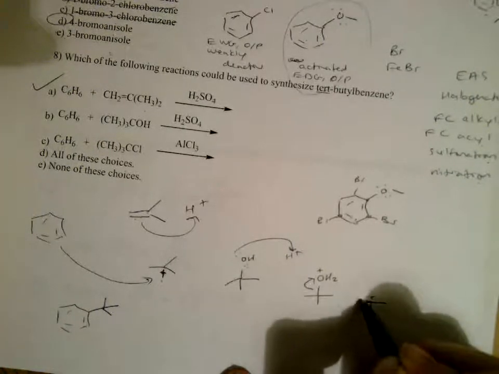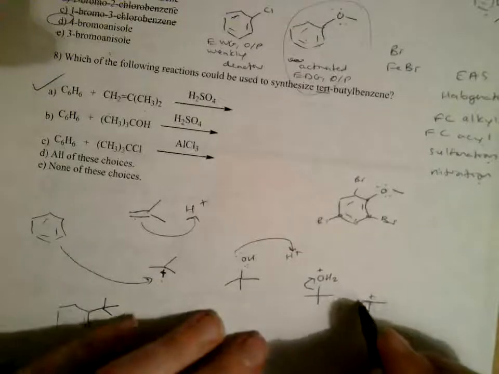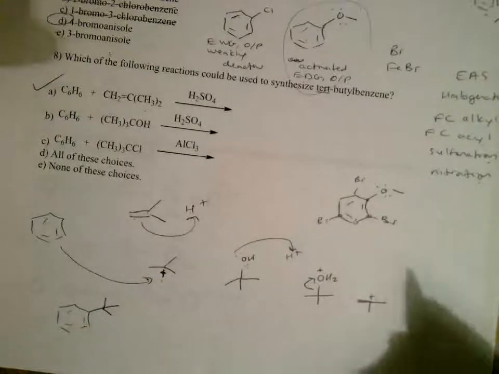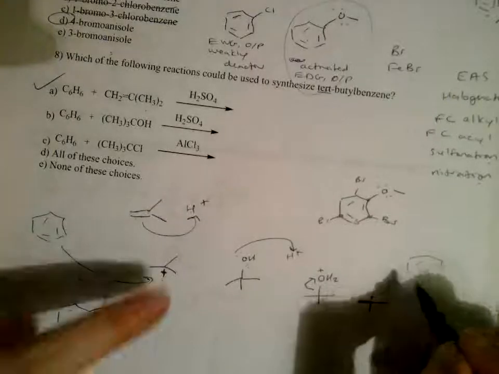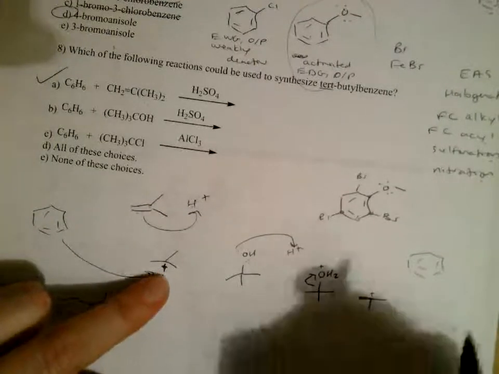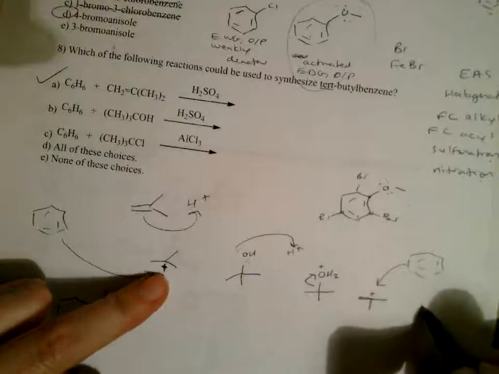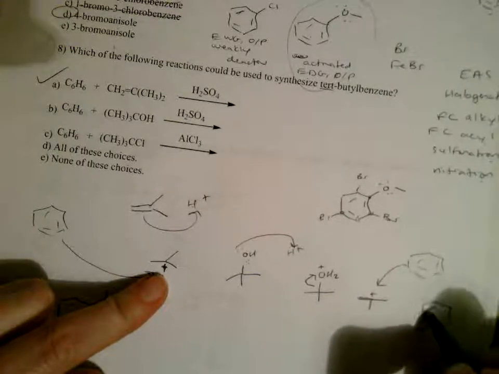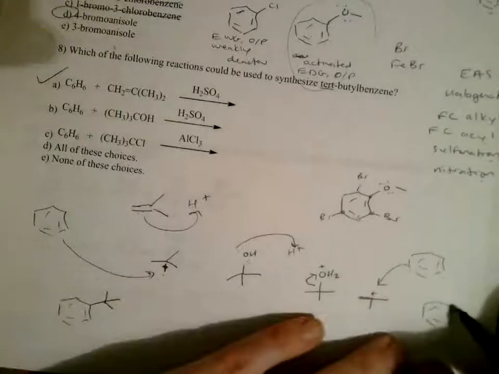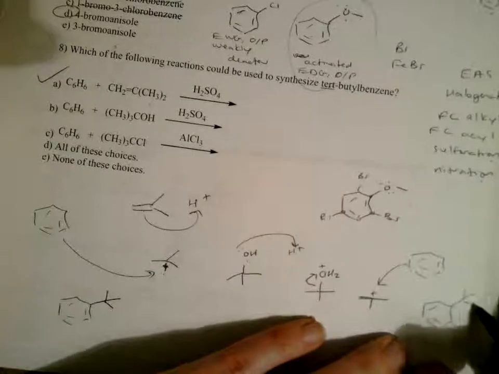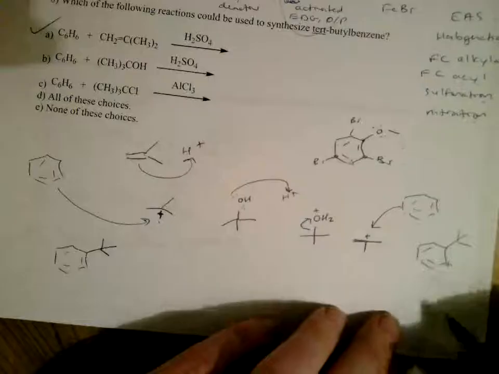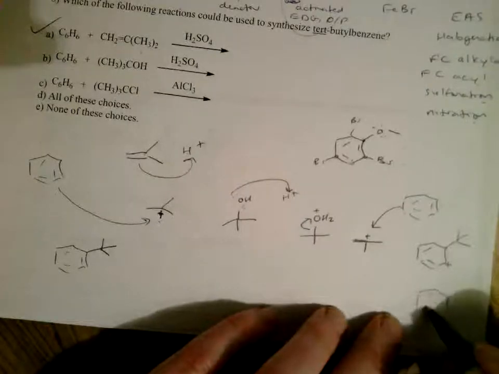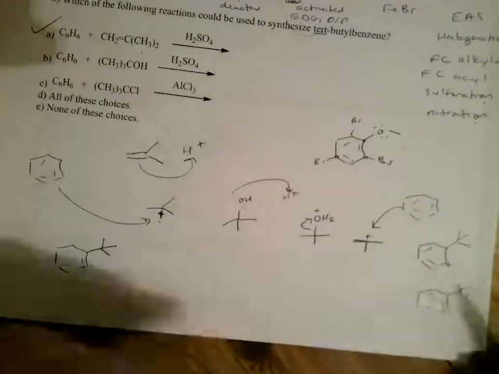So maybe technically this is the first step of an elimination reaction. This is a single bond, I just drew it crazy. And now your benzene will attack, and this is the same structure, I just drew them poorly. It'll end up forming an arenium ion originally, so first it will have that plus, a carbocation, and then aromaticity will be restored, and you'll end up with your same tert-butylbenzene.